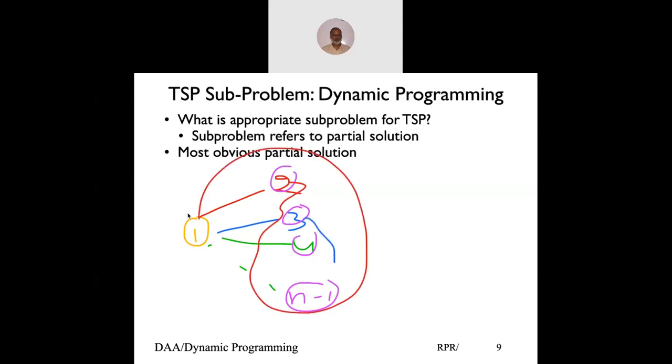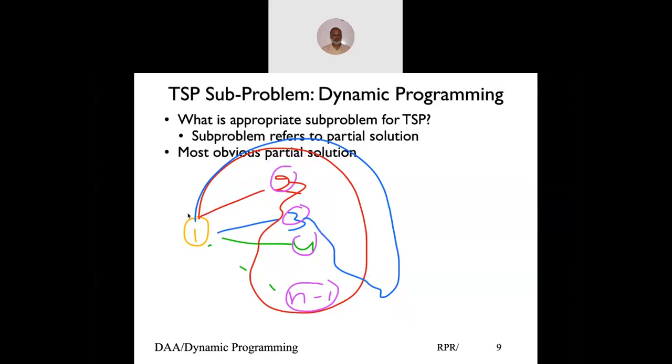From vertex 3, visiting all other vertices, come back to 1. From vertex n, visit all other vertices, come back to 1. And among all such tours, this is my tour 1, this is my tour 2, this is my tour 3, this is my tour n minus 1. Among all these n minus 1 tours, the lowest is my optimal tour.